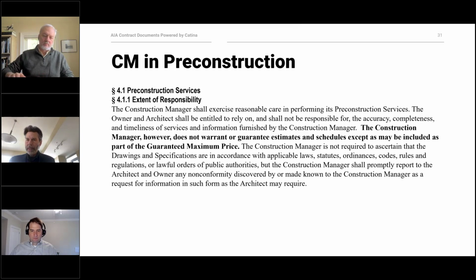This is essentially what we would call a standard of care type clause. It sets forth that the construction manager, at least during the pre-construction phase, is to perform its services with reasonable care. It also makes clear that the construction manager during the pre-construction phase is not a guarantor of any of the information it's providing. It has to provide accurate information that parties can use and rely upon, but it does not necessarily guarantee that information.